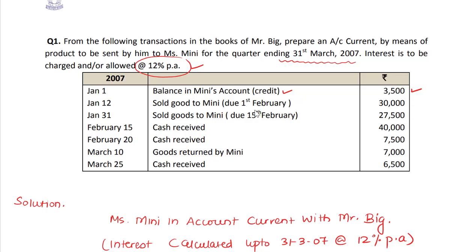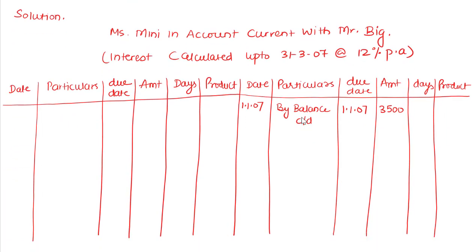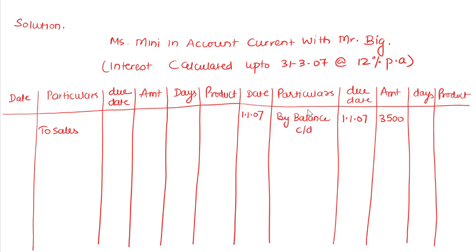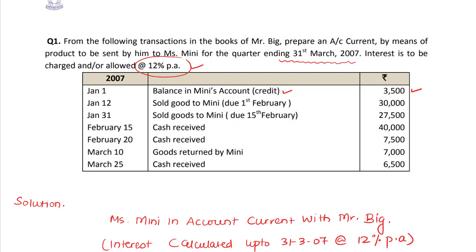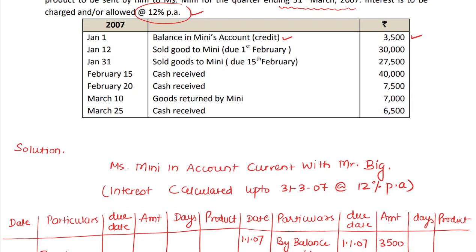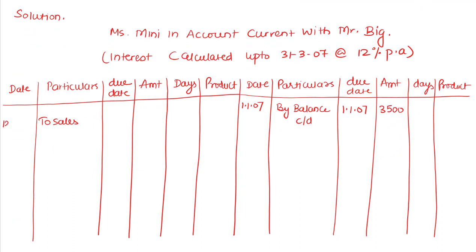On 12th January 07, and the due date is 1st February 07. Amount 30,000. Let us move ahead.